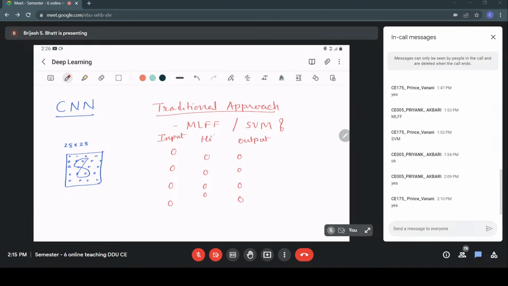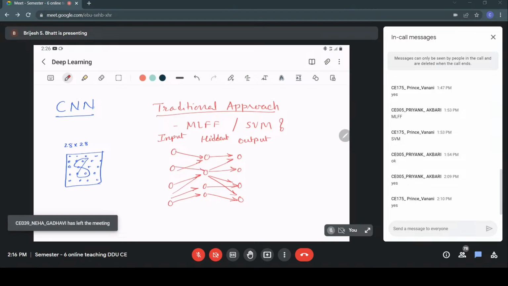And we believe that one hidden layer is sufficient. So our network architecture would be like this only. Imagine the fully connected network. I don't want to draw so many arrows, but something like this, right?